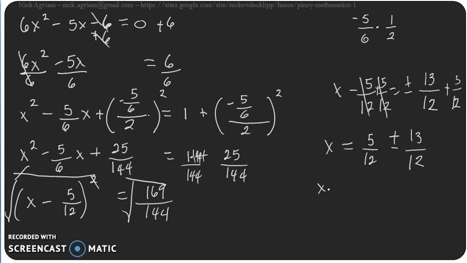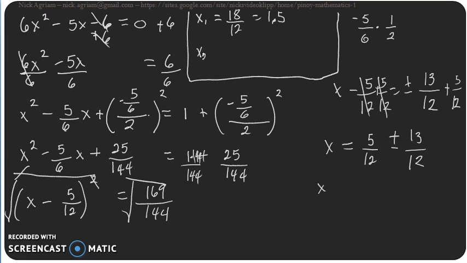And our x sub 1, I will put it here. Our x sub 1 is equal to 5 plus 13 is 18 over 12, and that is 1.5.